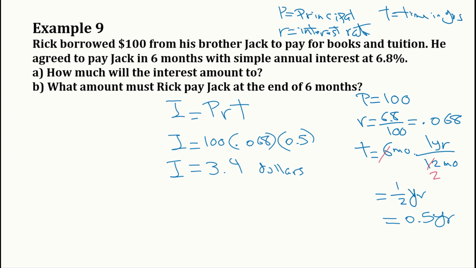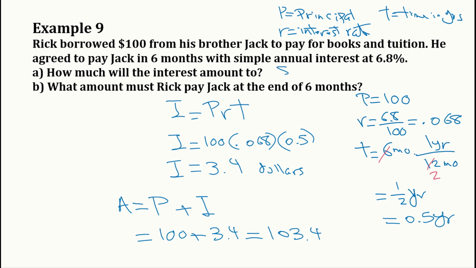So what's the total amount? Well, the total amount that he's going to have to pay is the original amount, the principal, plus the interest. So it's going to be 100 plus 3.4. So we get 103.4. So to answer properly, how much will the interest amount to?